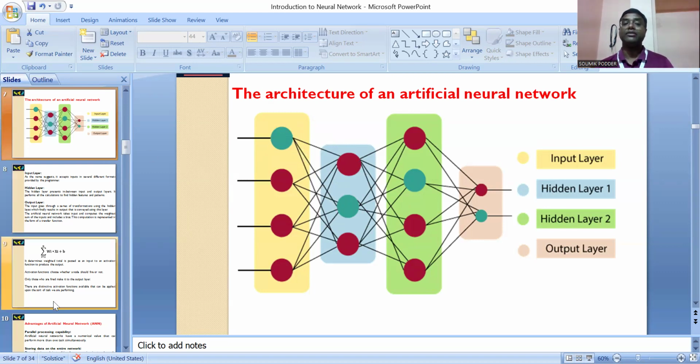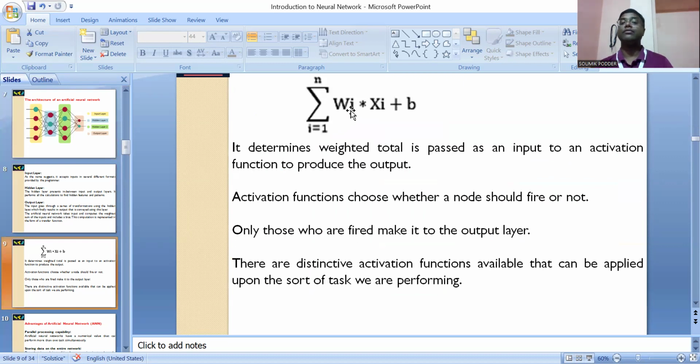So better I can write it as Wij, where i goes from 1 to n and j goes from 1 to m. M is basically the total number of nodes in the hidden layers. Into Xi, similarly, Xi will be the respective input signals, or I can say input data, plus B. B is called the bias function.